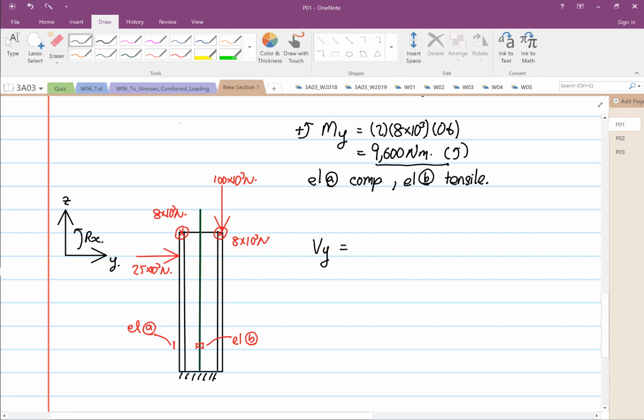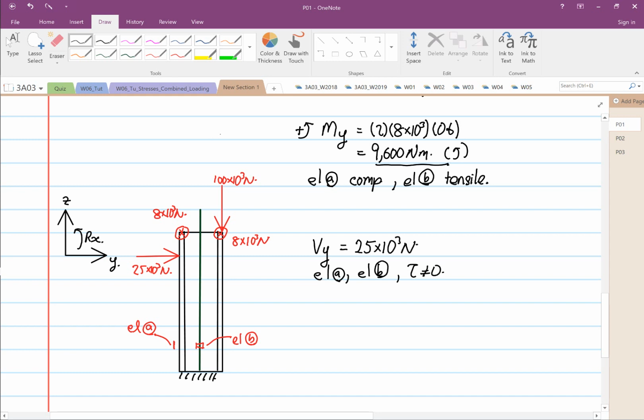So we know that Vy will have a load of 25 times 10 to the power 3 Newton. And we are also aware that at element A and element B, the shear will not be equal to 0, which I'll also elaborate later.